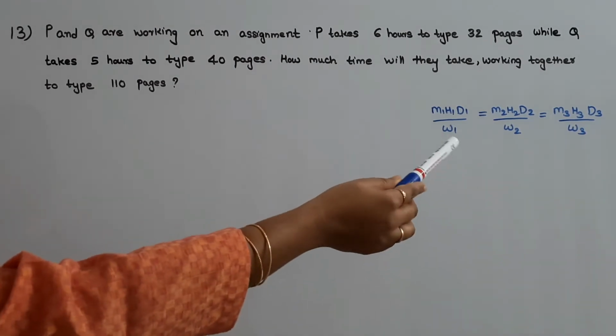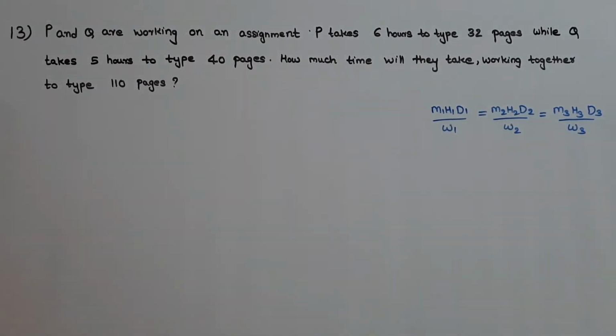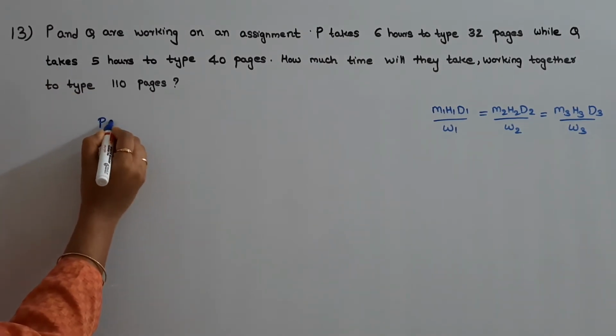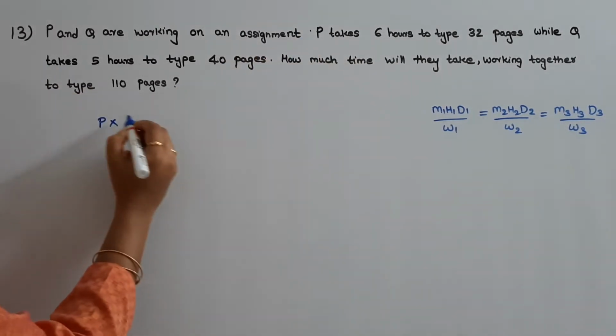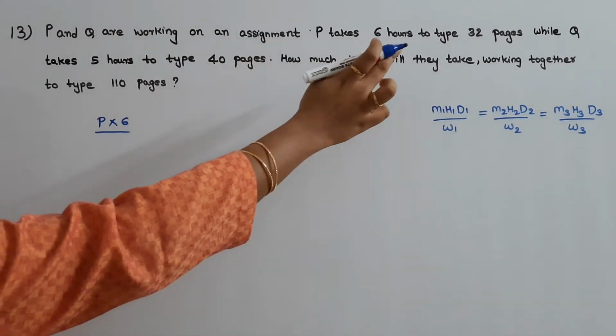If more situations are there, we can equate to M3 H3 D3 by W3. Now in this question, M1 is the efficiency of the first person doing the work. So let us write the efficiency of P as P into the time taken by P, which is given as 6 hours, by work done by P, which is 32.